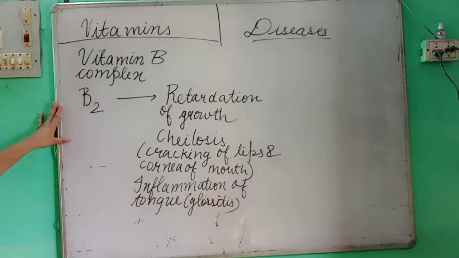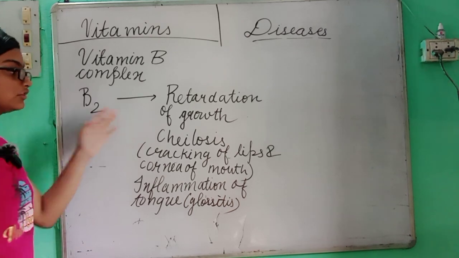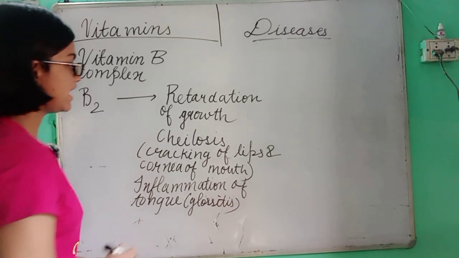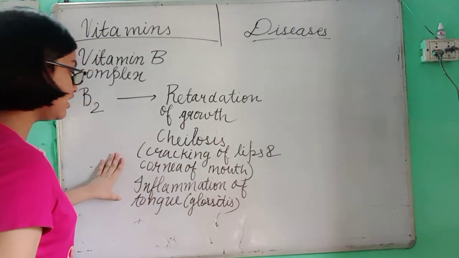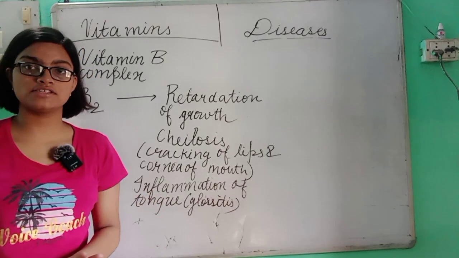So these are the diseases caused by vitamin B2: retardation of growth, callosis, cracking of lips and cornea of mouth, then inflammation of tongue known as glossitis.